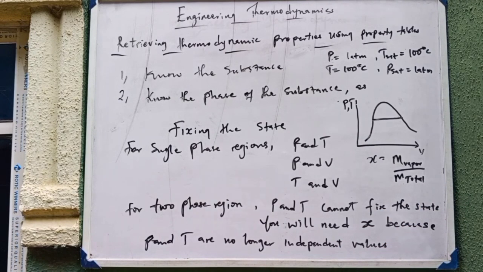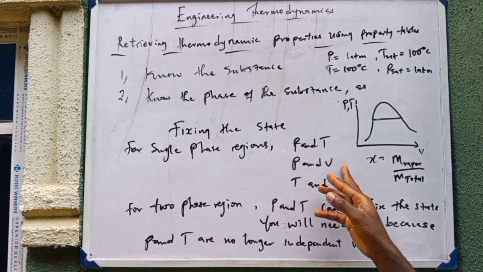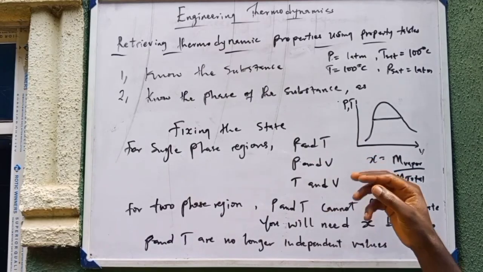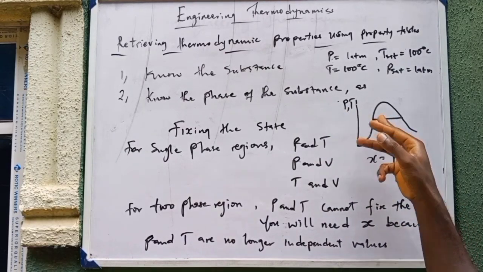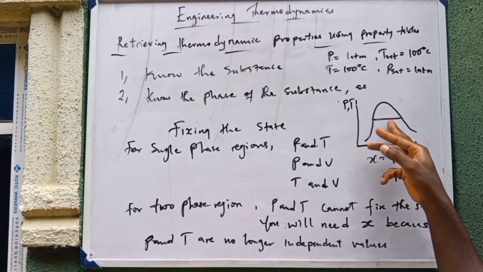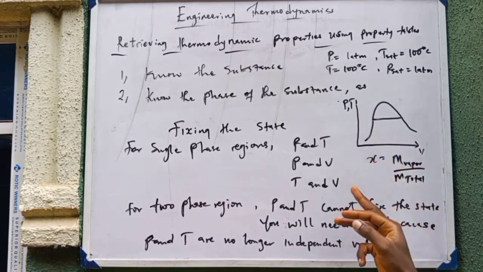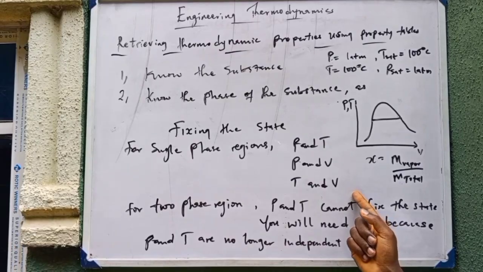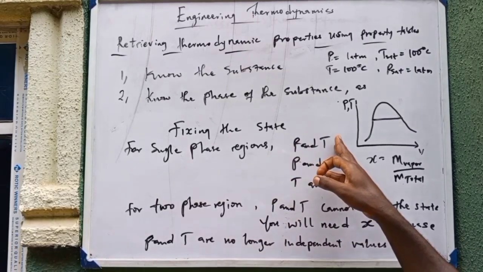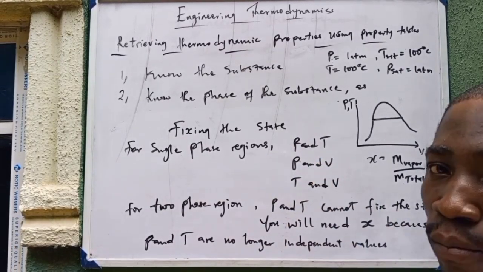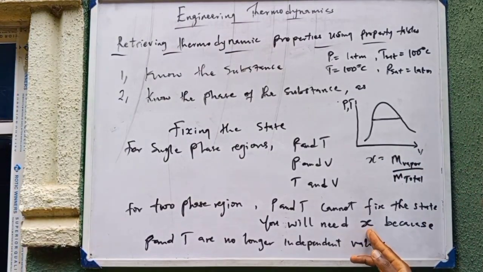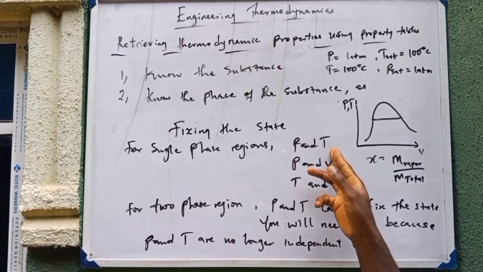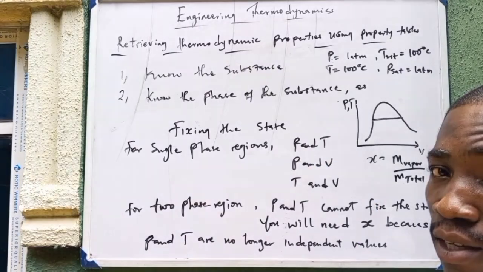So we will need something else that can help us solve the problem. And that can be P and V. With P and V, pressure can intersect with V at a particular point. Or with T and V, temperature can also intersect with V at a particular point. You can fix the state. But when you want to work with P and T, you will need another property, which is called quality, X. So when you know X, and you know P, and you know T, then you are able to fix the state of the system.